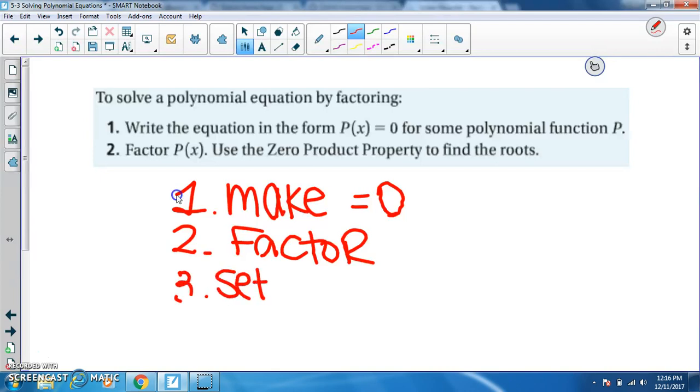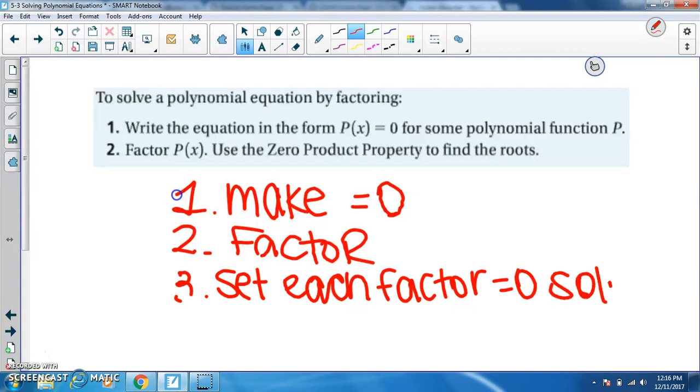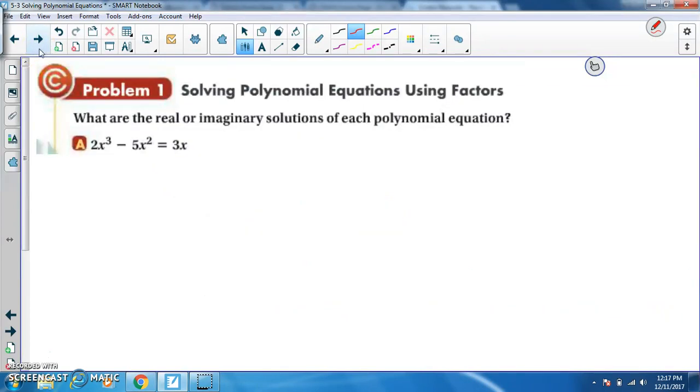Set each factor equal to 0. Solve for x. When we set each factor equal to 0 and solve for x, that is us using our zero product property.